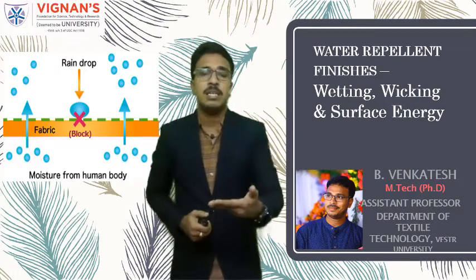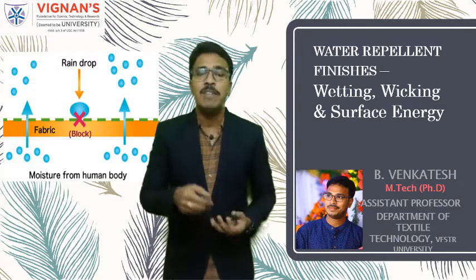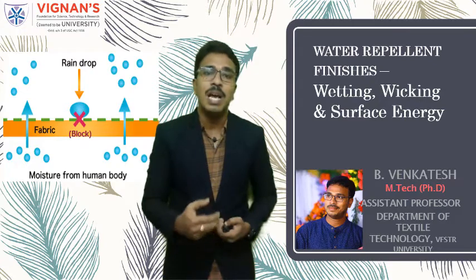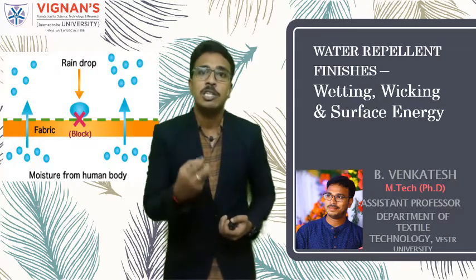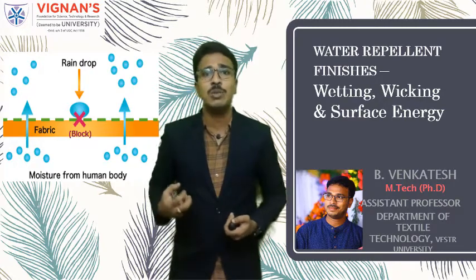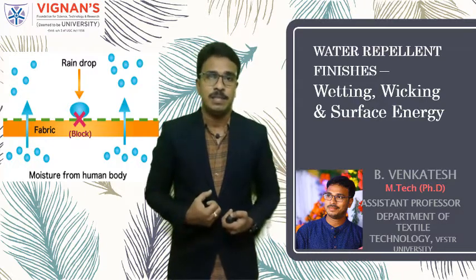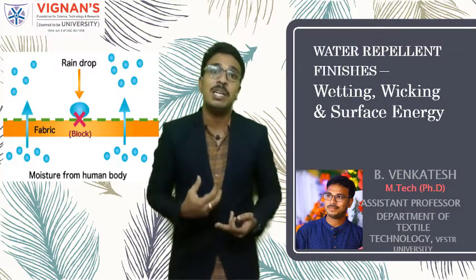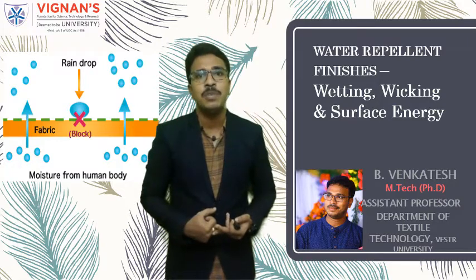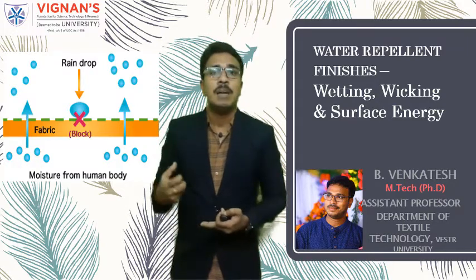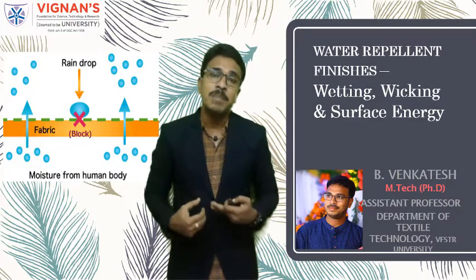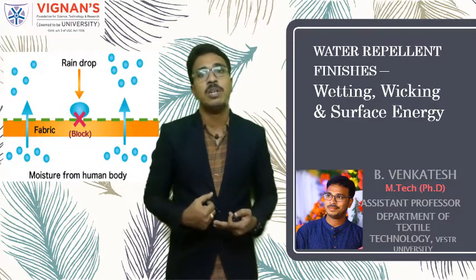Now, if you take the same cotton fabric and put a drop of water onto it, in normal instances the droplet is going to spread easily through the fabric surface. Suppose you want to make the same cotton fabric water repellent, what can we do? We can apply some kind of finish onto the same cotton fabric.